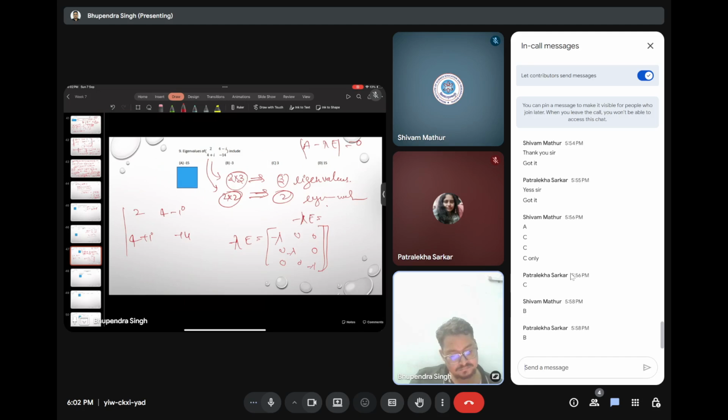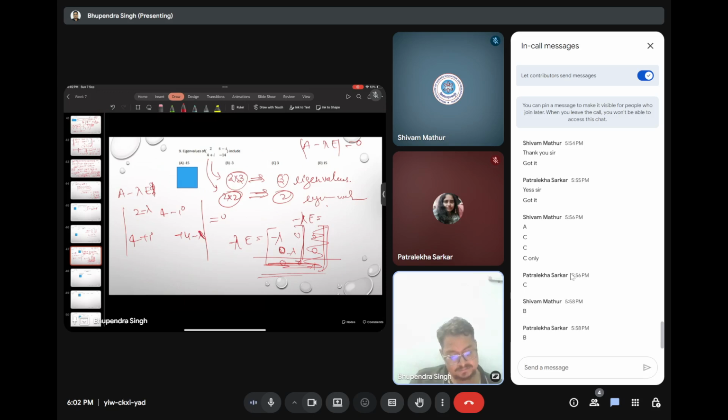Then if you try to find A minus lambda I, the diagonal elements will be 2 minus lambda and minus 14 minus lambda. This is 3 cross 3 I have made, you just consider this 2 cross 2 for this example only.